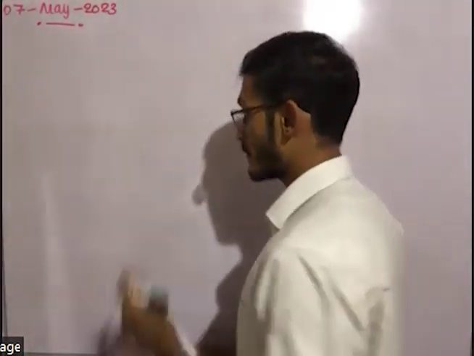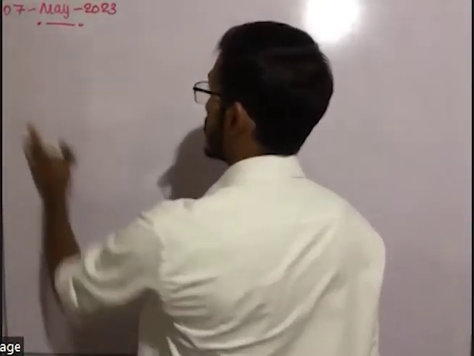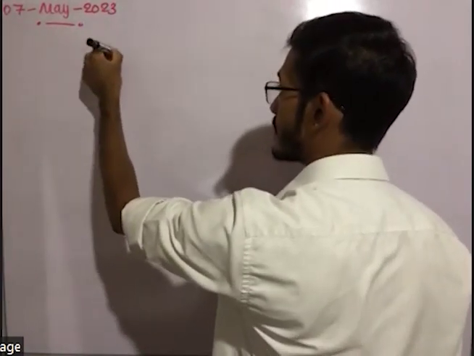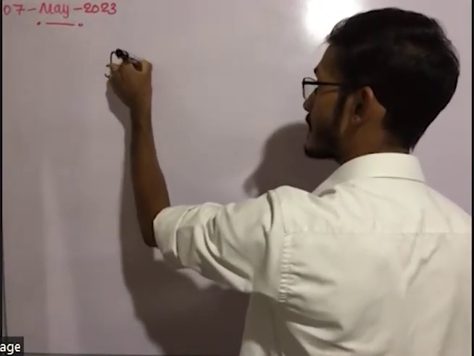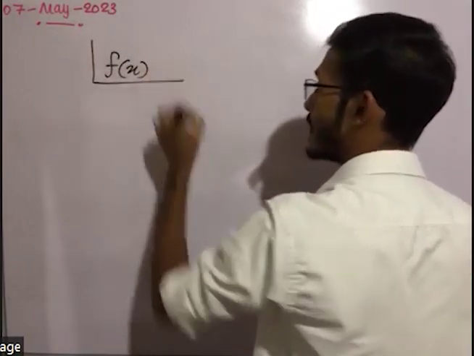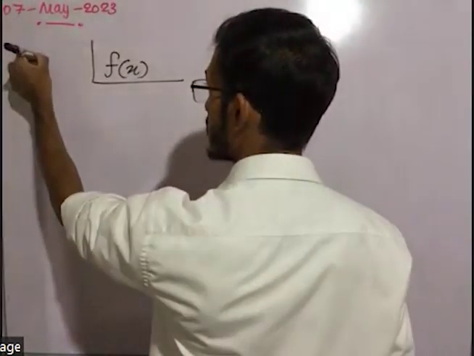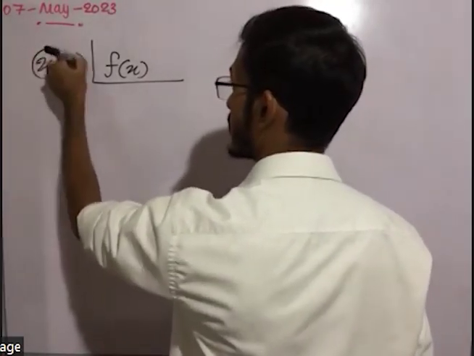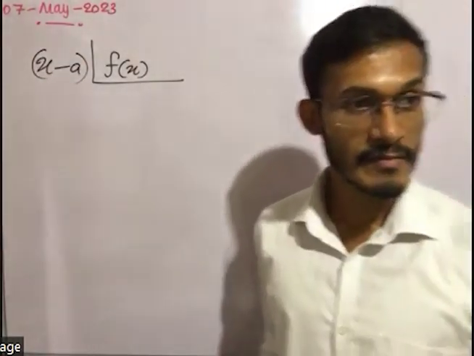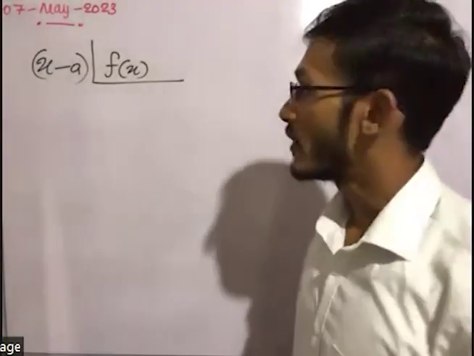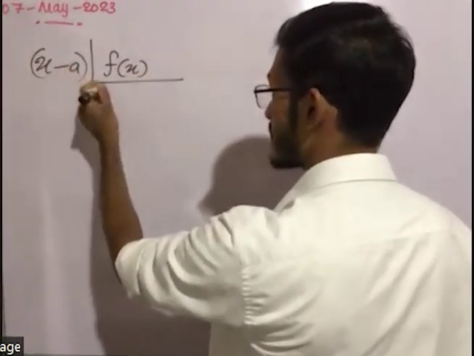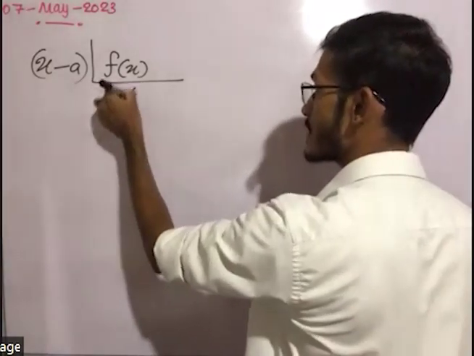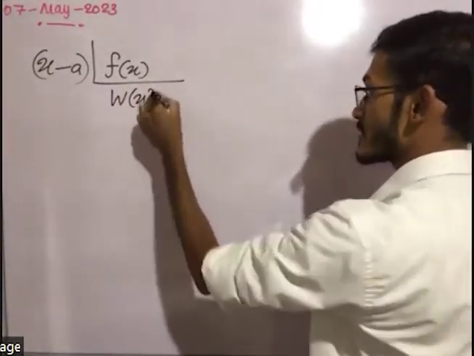Right. Now listen to this. So I will take a function f(x), then divide that function by x minus a. So when I divide this function by x minus a, the quotient is w(x).